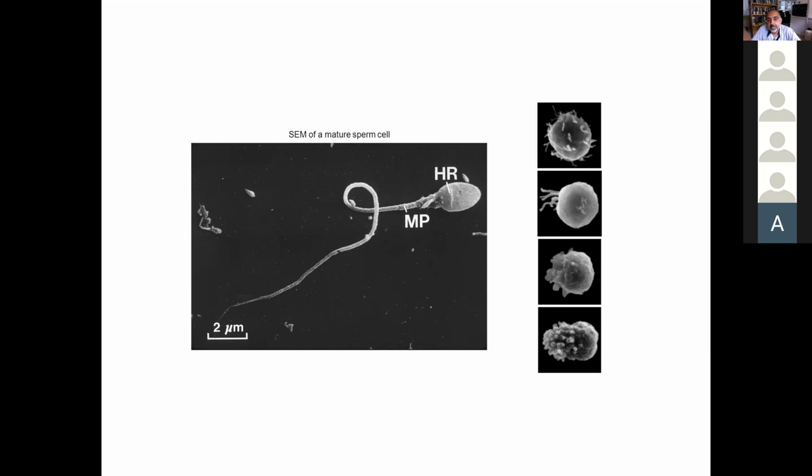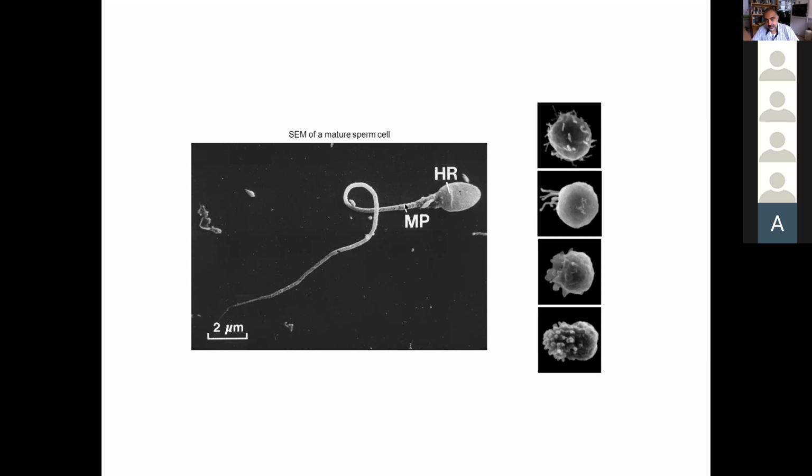So there is a fair amount of cytoskeleton in here. The tail, of course, consists of microtubules. So it consists of an axoneme, which is very standard. It's conserved between flagella of different organisms. Chlamydomonas has a flagellum, which has the same basic architecture as the sperm tail.